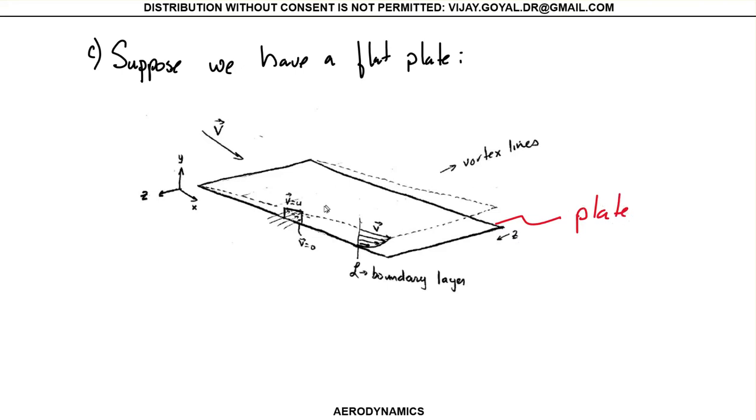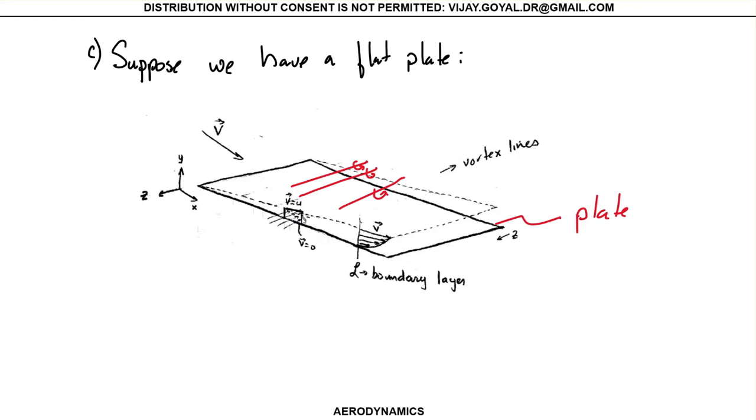And then we have vortex lines. Remember when we say vortex lines, we are talking about lines that go like this, and they have vorticity around this. So you have different vorticities that go around this. Then you also have a boundary layer that goes like this.